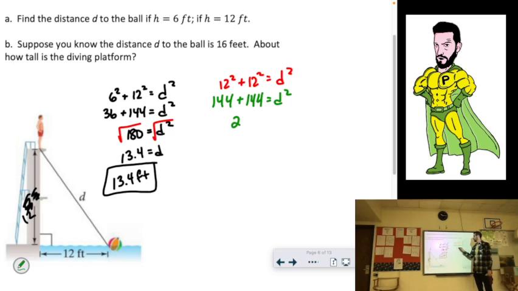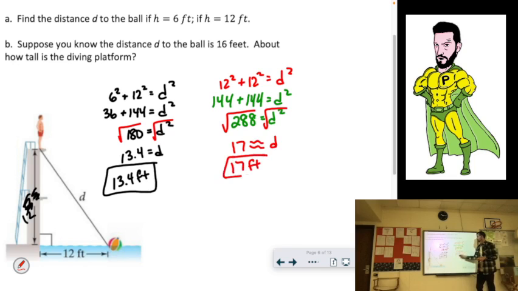That would give us 288 equals d squared, and we have to square root that. Square root of 288, 16.97, which would round up to 17 for d on that one. So roughly 17 feet if we were rounding.